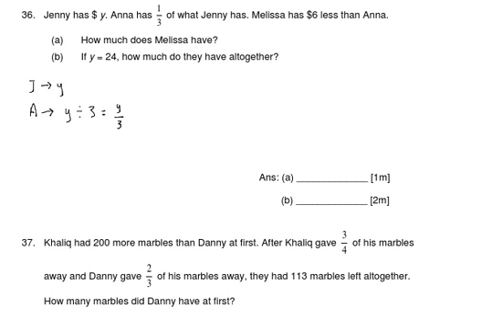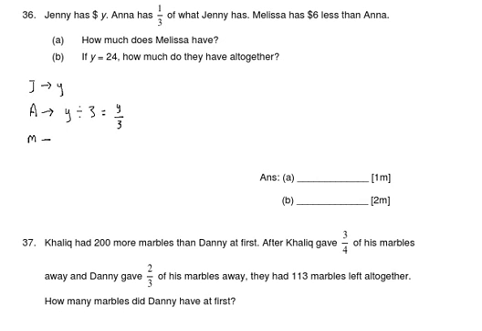Okay, now, next part. Melissa has $6 lesser than Anna. Give me the algebraic expression for Melissa, Colin Chi. Y over 3 minus 6.